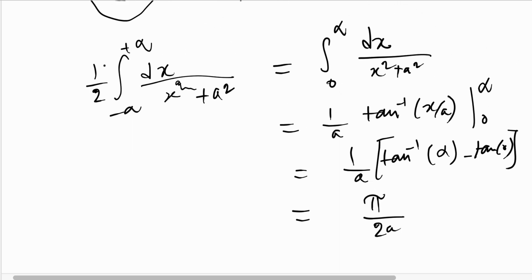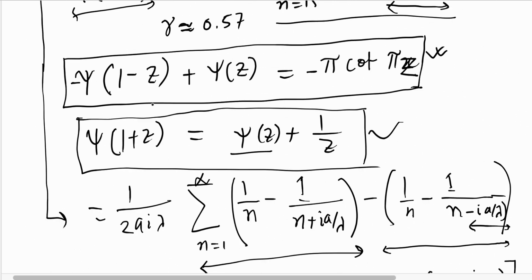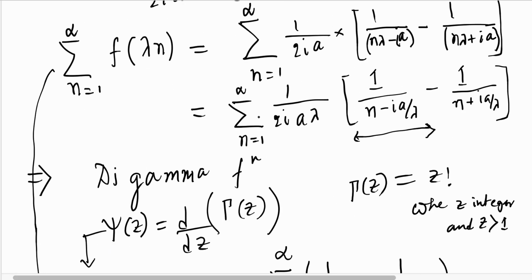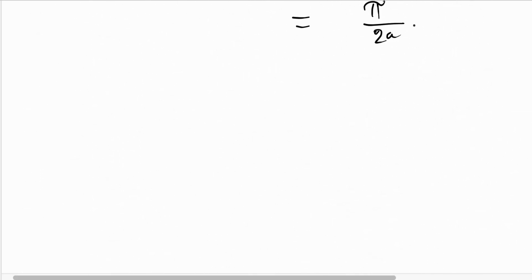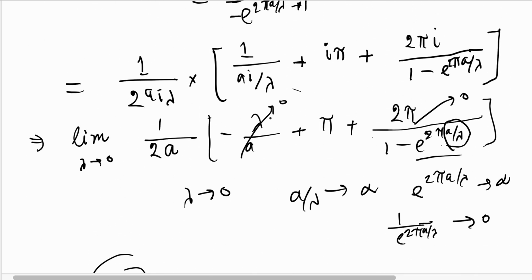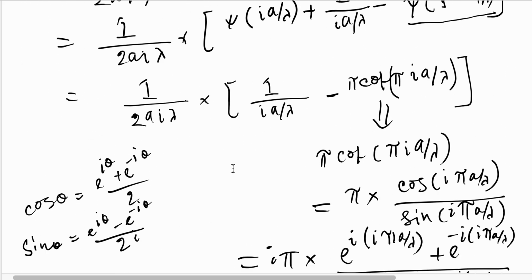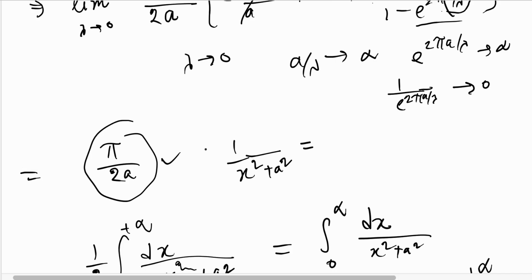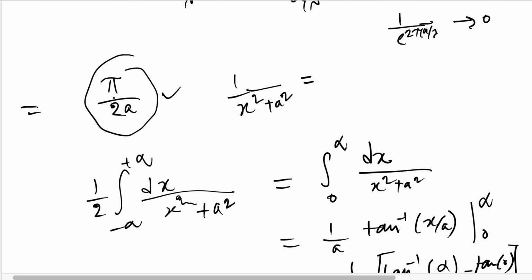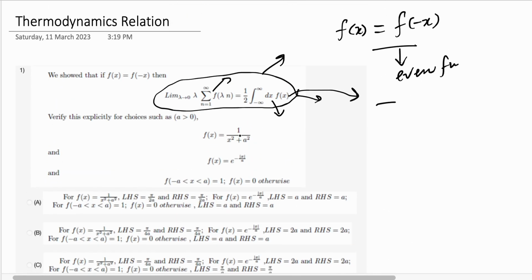If we use the theorem and convert it into an integration, then we will get the same result as if we did not use the theorem and, by brute force, did all the steps and saw the series reaching towards the limiting point, which is pi by 2a. So as lambda tends to 0, this answer should be pi by 2a.